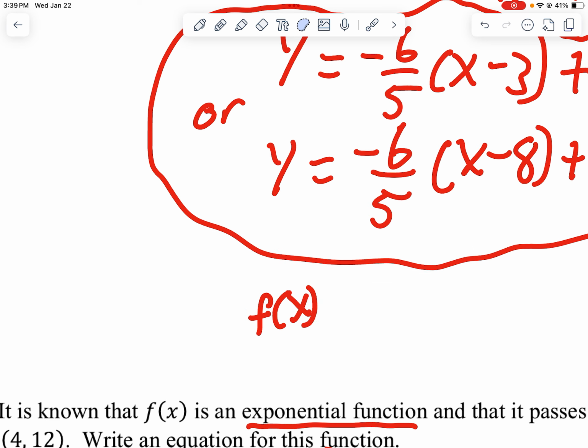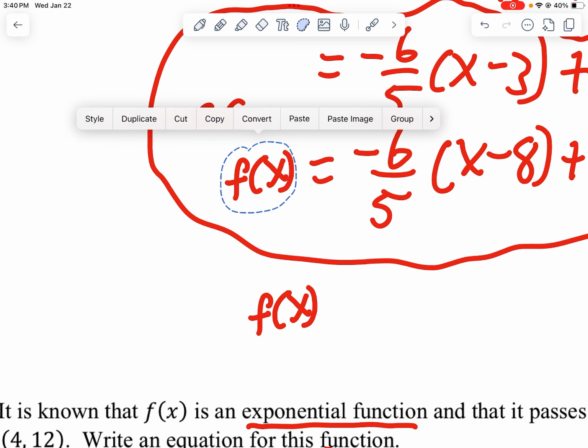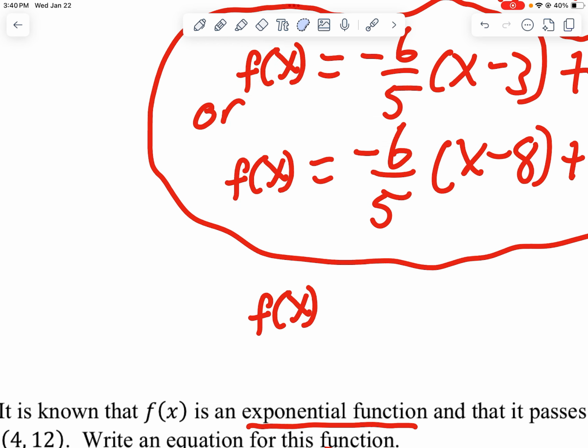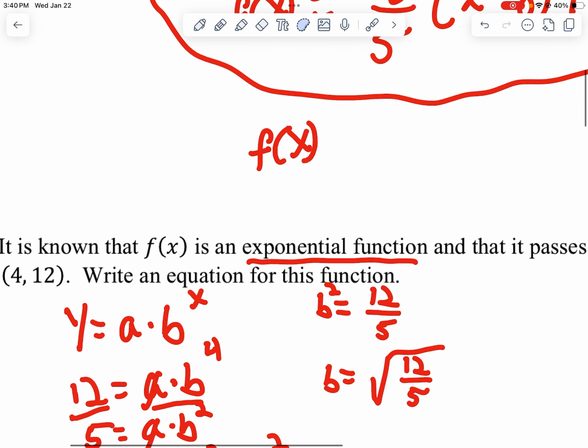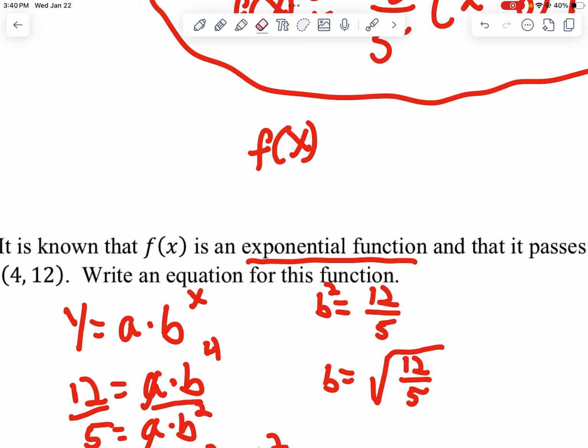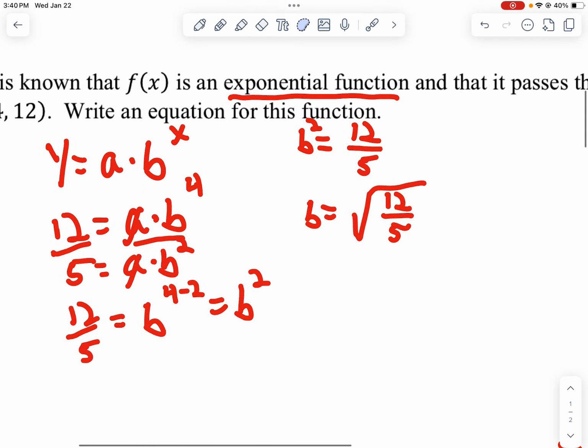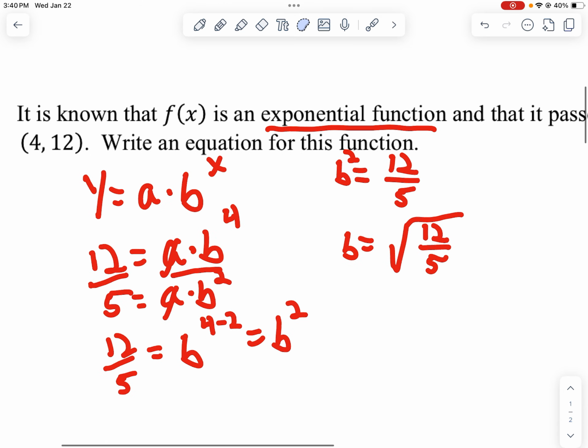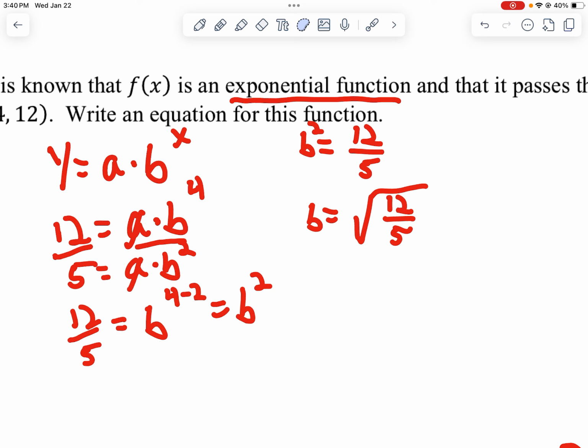Just to be more clear. Now, for this, we found the base, but we're going to use the point-exponential form of the exponential function.